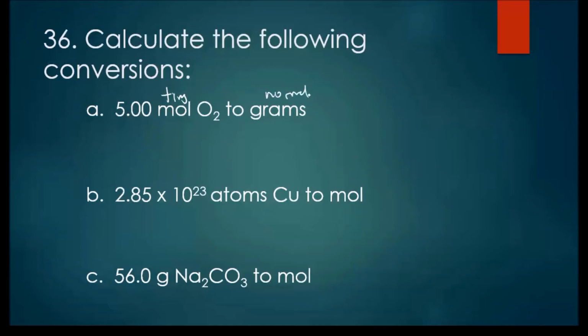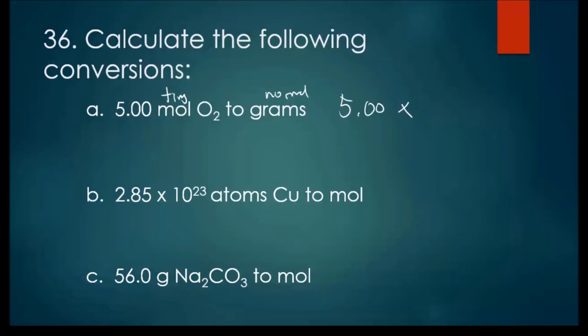All right. So let's think about what we're going to have to do. First of all, in order to go from tiny to normal, do we multiply or divide? We're going to have to make it bigger, so we're going to have to multiply. All right, that's one of these tools. Should we multiply by molar mass, which is the sum of all the mass for O2, or should we multiply by Avogadro's number?